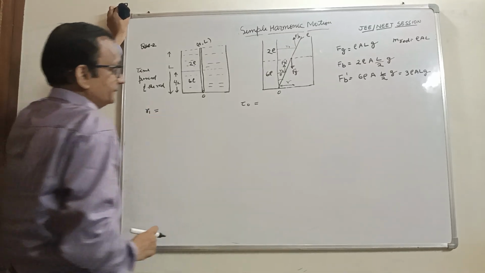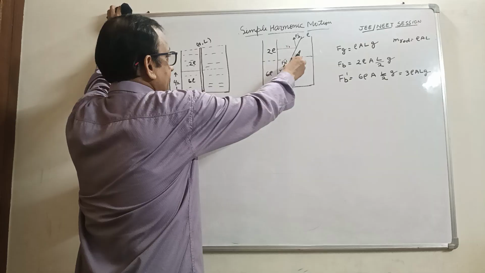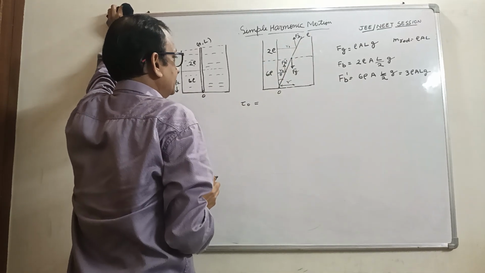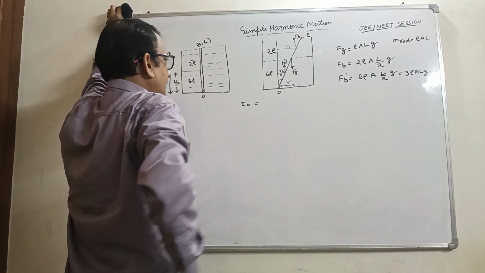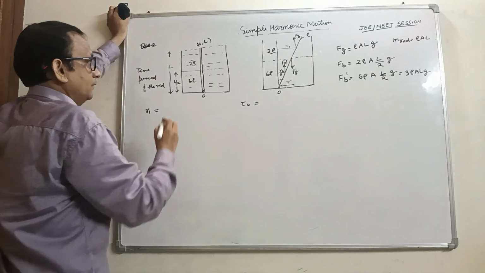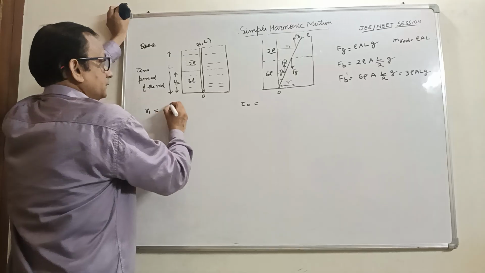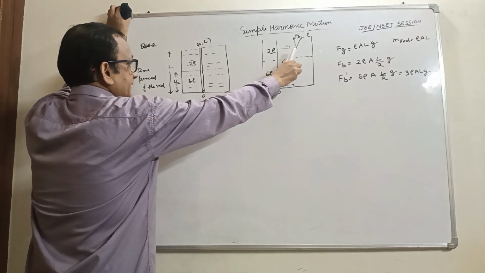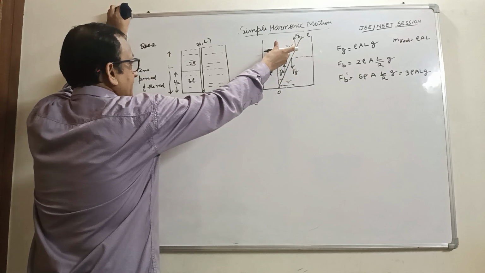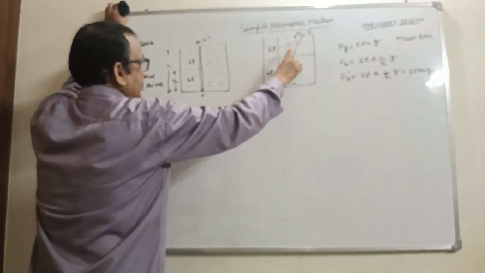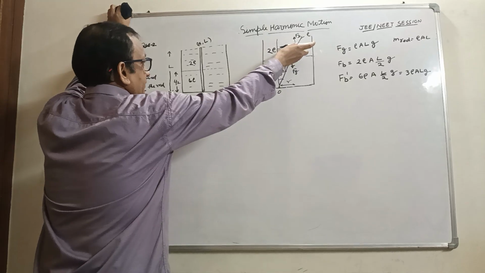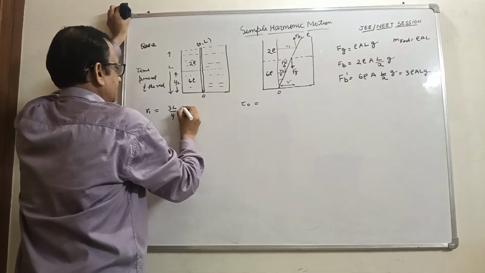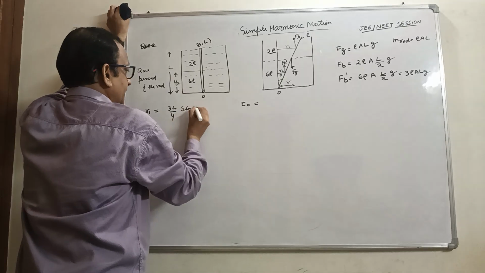R1 would be this distance, which is L by 2 plus L by 4, so 3L by 4. So R1 would be 3L by 4 sin theta, the perpendicular distance.